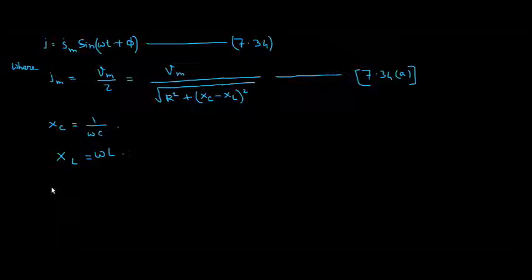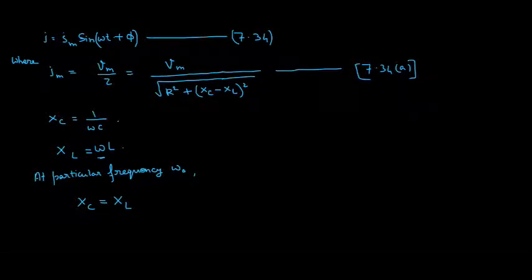Now for resonance, if omega is varied, which means it is changing, then at a particular frequency omega naught, Xc is equal to XL and the impedance is minimum.